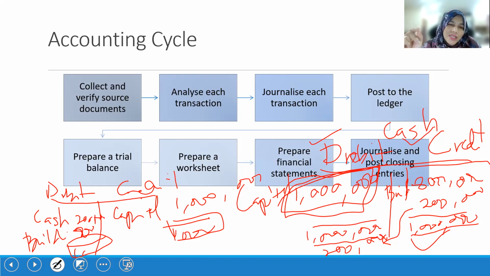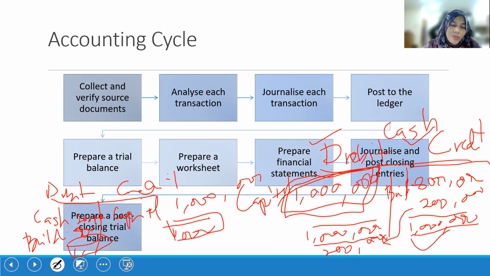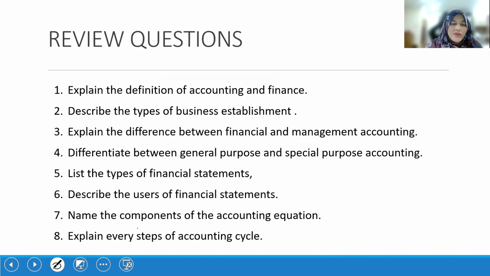If there is any adjustment to the accounts, it will appear in the post-closing entries to adjust anything that may have been missed in the earlier recording. And then after that, we prepare a post-closing trial balance. Again, we prepare another trial balance to see whether the transactions are correct or not.